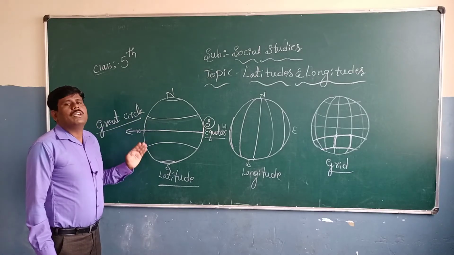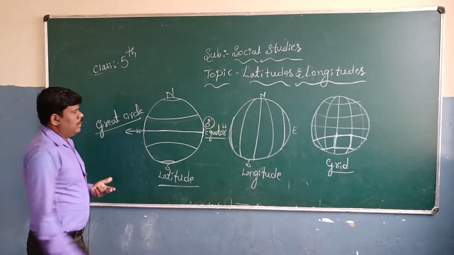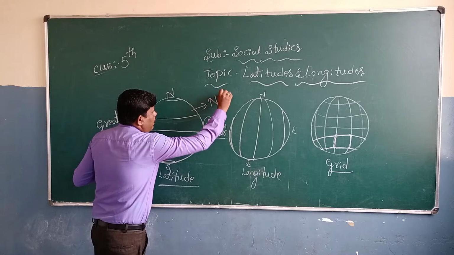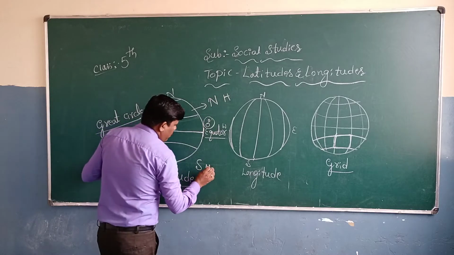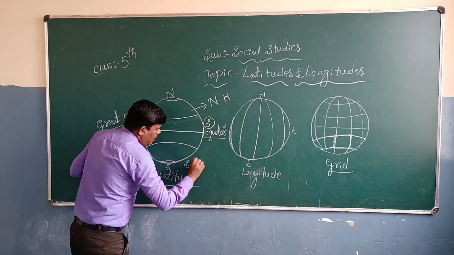This equator divides the earth into two parts, the northern hemisphere and the southern hemisphere.